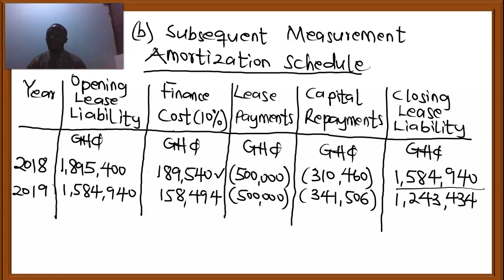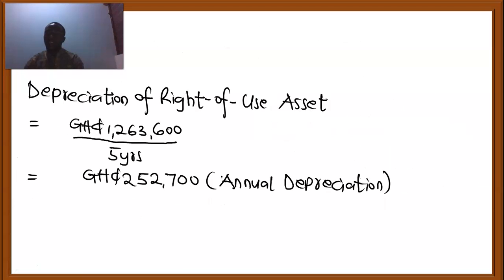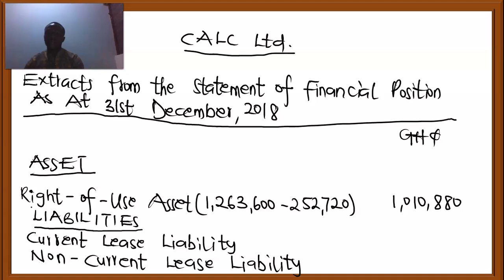So the difference between 1,584,940 and the next year closing balance, which is 1,243,434, is 341,506. So this is the current lease liability. And the non-current lease liability is 1,243,434.